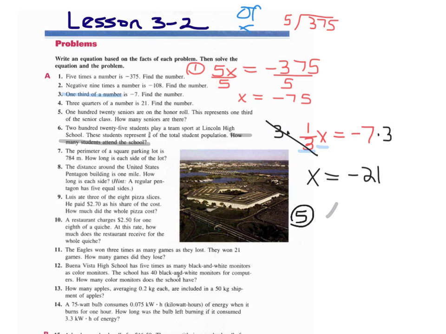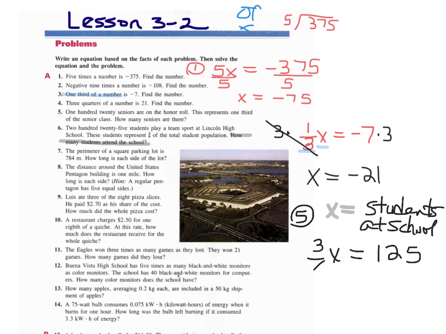So I'm going to let X represent the student population, or the students that attend the school. So 3/8 of that student population equals 125.